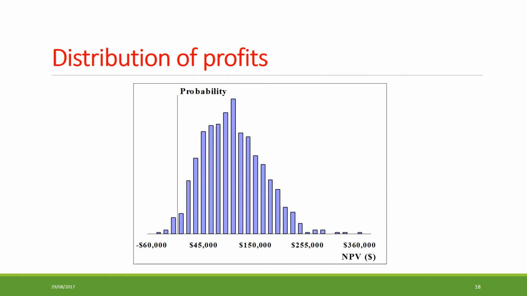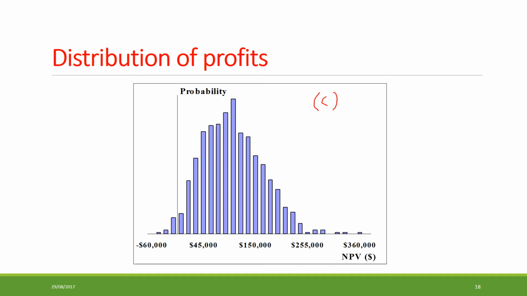So as an example, this is showing us the result of step 3 from the previous slide. So I suppose that we already specify all the variables that we want. We specify the correlations between different variables, and then we draw randomly different observations, and we calculate the NPV for those observations.